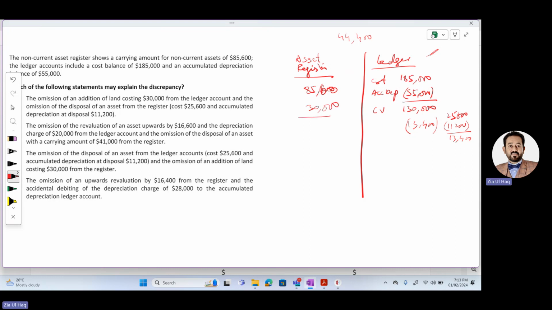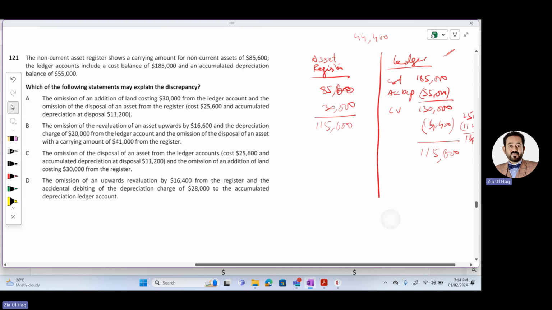So if we record this, it will become 115,600. And 14,400 is the difference. If we deduct 14,400 from this, it will become 115,600. So this is looking fine. This will tally both things.